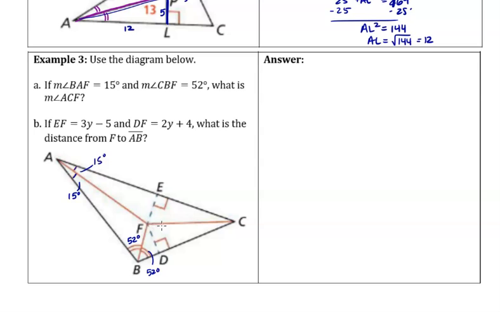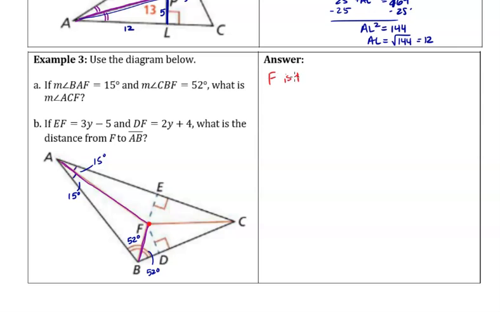Okay, interesting. Angle ACF. Well, what do we know about this? In this picture, I see that ray FB is bisecting one angle of triangle ABC, and ray FA right here is bisecting another angle of my triangle. So that means F must be the incenter again, right?